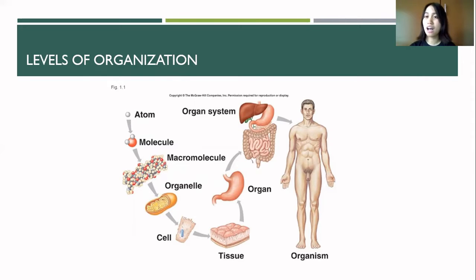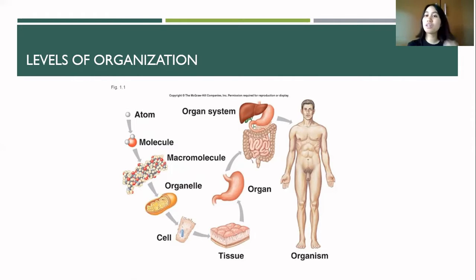Let's say humans have organs, so cells have their organelles. Now the cells form tissues that have different types. So there is epithelial, there is connective, there is nervous, and there is muscular. And when tissues form, they become an organ.